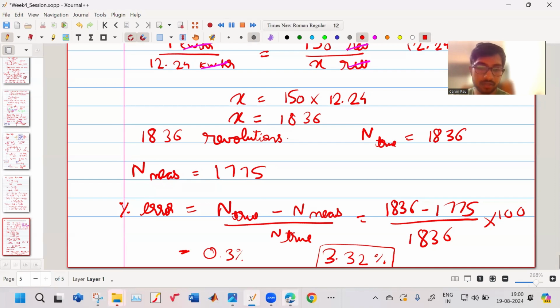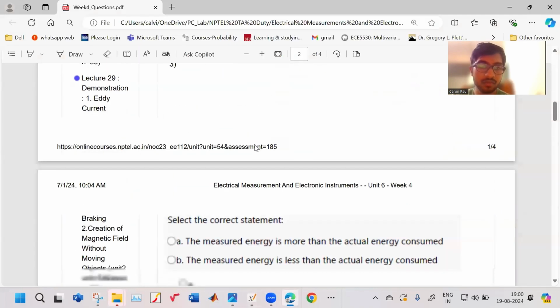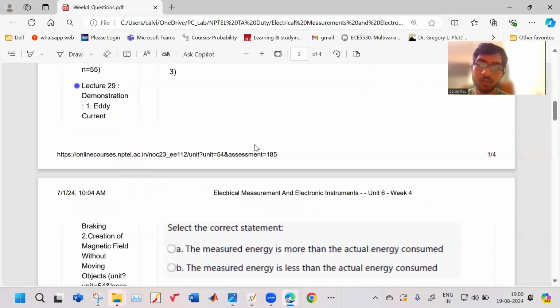Now, what is the next part of the question? So you must select the correct statement. Is the measured energy more than the actual energy consumed, or is the measured energy less than the actual energy consumed? Who can tell me?